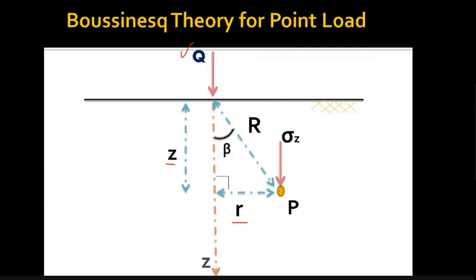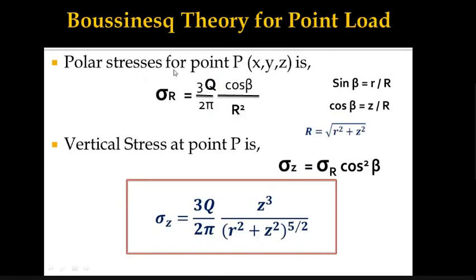The angle made by this point P with the loading point is beta, and the diagonal or radial distance between the loading origin and this point P is capital R. We want to calculate sigma z, that is the stress caused at this point due to this surface load Q. For the polar stresses, Boussinesq derived this equation as follows: sigma r is equal to 3Q upon 2 pi into cos beta upon R square.